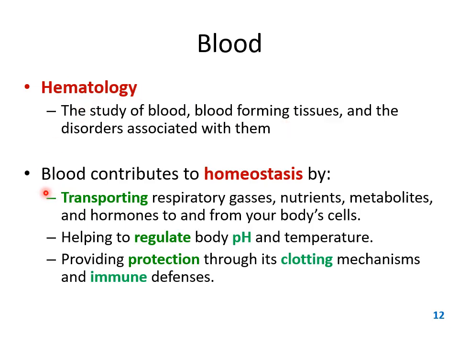Now, blood is very important for maintenance of health, or homeostasis of your body, because it has some very important functions. First, of course, is a transport function. Blood is very important to transport gases, meaning oxygen from your lungs to your tissues, and carbon dioxide from your tissues back to your lungs.